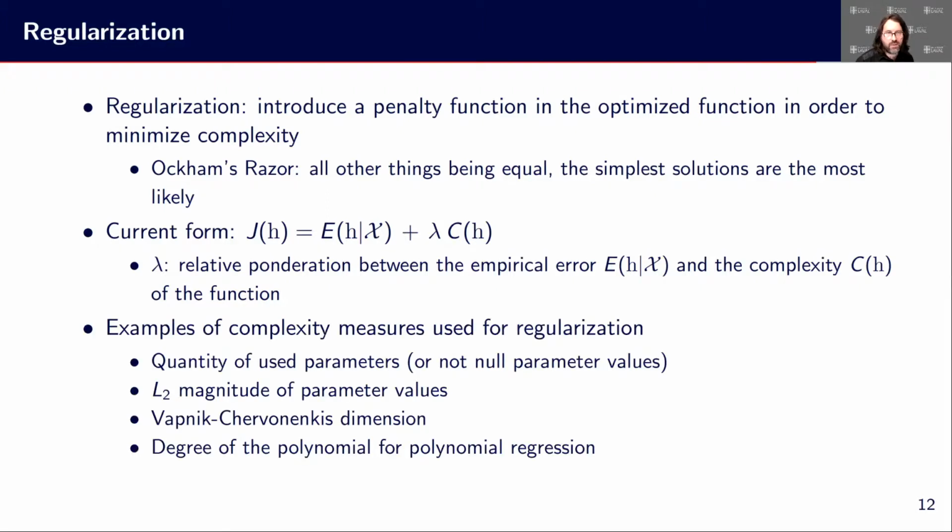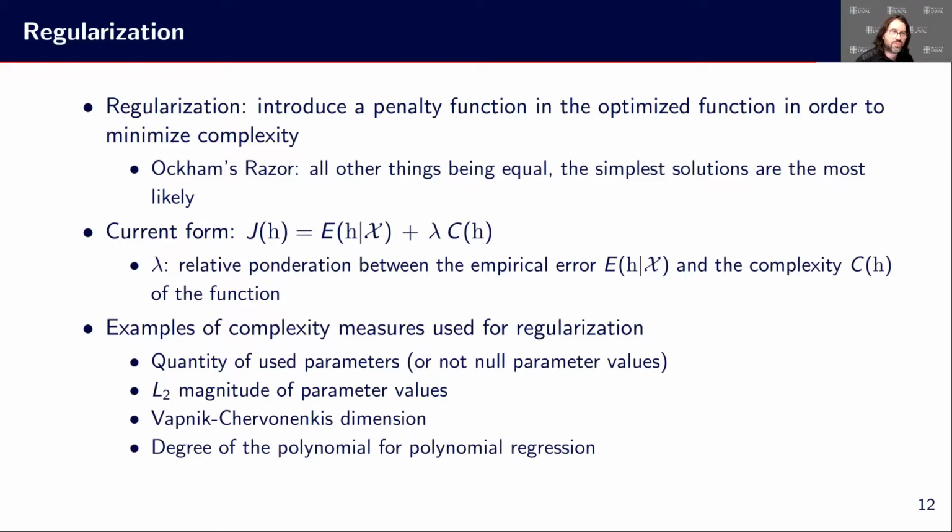There are many complexity measurements used for regularization. One simple thing is to say, okay, let's just count the number of used parameters, where all the zero values are not counted, and we want to minimize the number of non-zero values. That's a simple thing that has been used. Or maybe the L2 magnitude, which is a little fancier.